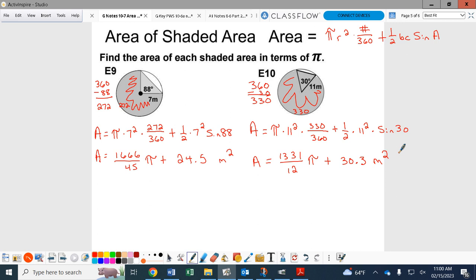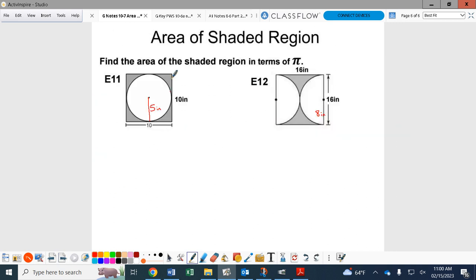Okay, guys, last two. What shapes are we dealing with in these last two problems? What shapes are there on those last two examples for 11 and 12? Squares and? You all understand that they're both squares and circles, even though that second one is a circle that's cut in half. So this is a square and a circle. Would you be adding or subtracting that circle?